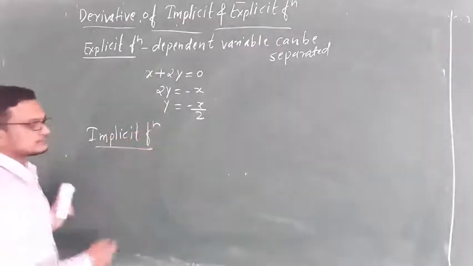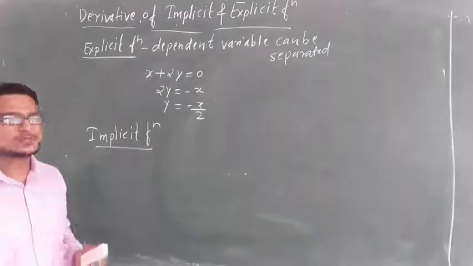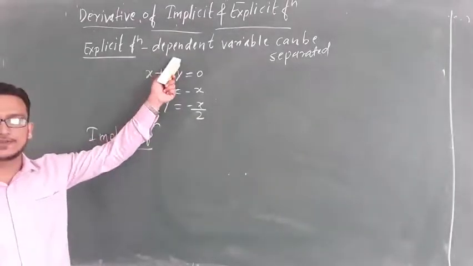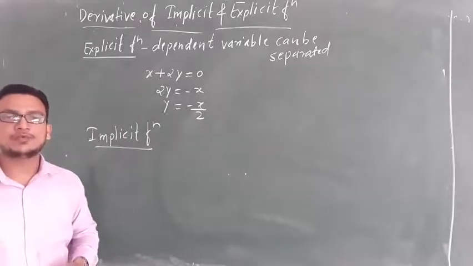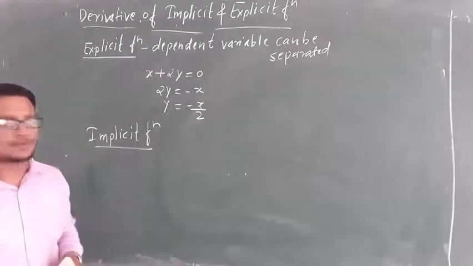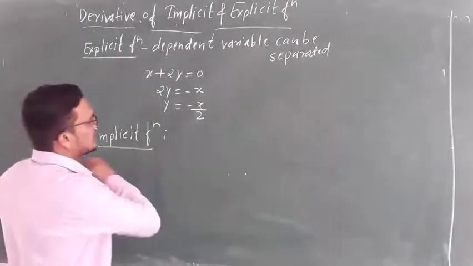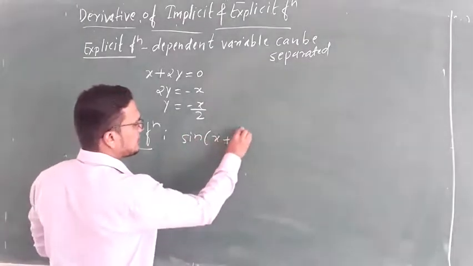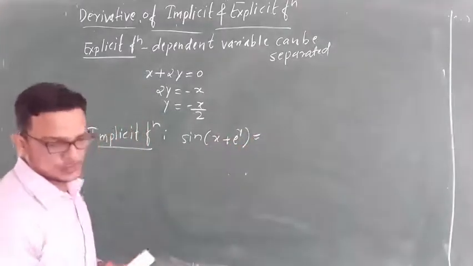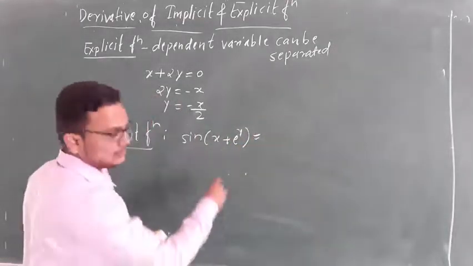Now the second one is implicit function. Implicit function means exactly the opposite of explicit: the dependent variable cannot be separated. For example, sine of x plus e to the power y is equal to 3y.